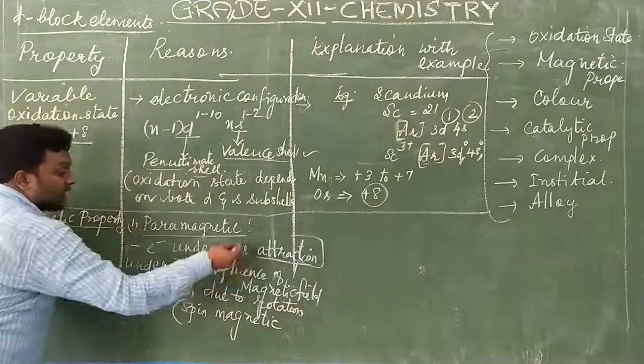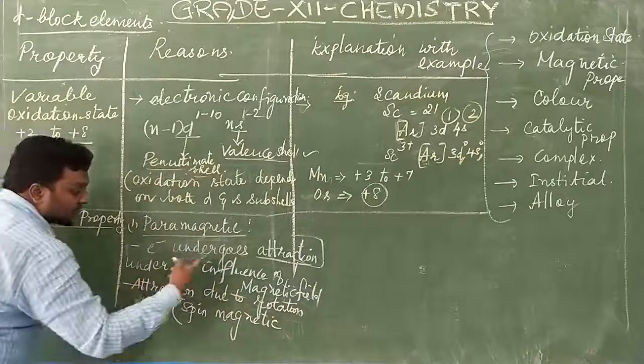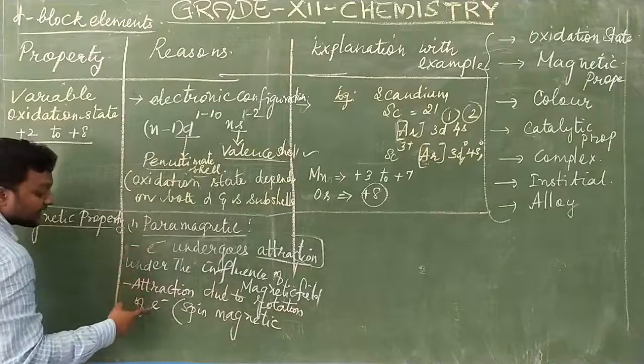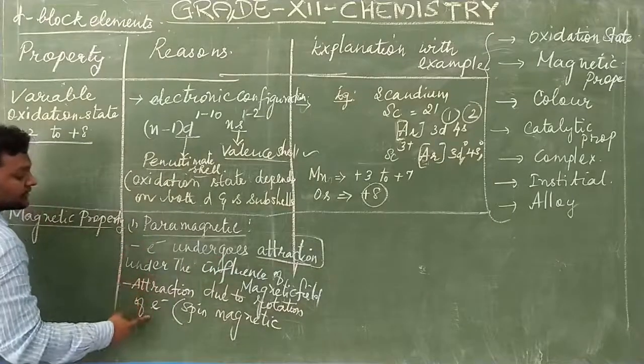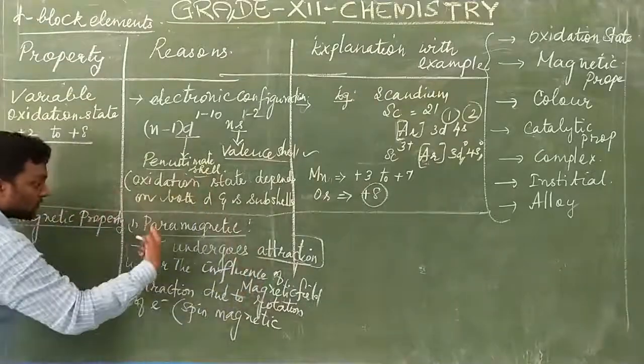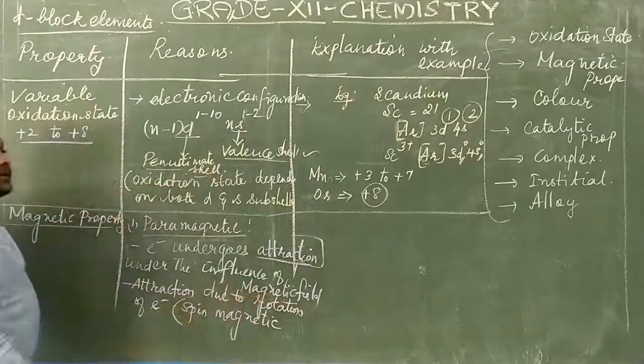So, under the influence of the magnetic field, I am subjecting the electrons to the magnetic field. Immediately the electrons are getting attracted, and they attract by means of the rotation. The electron is undergoing spin magnetic rotation.